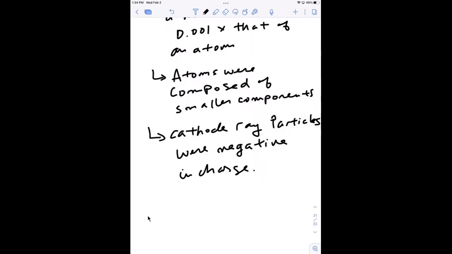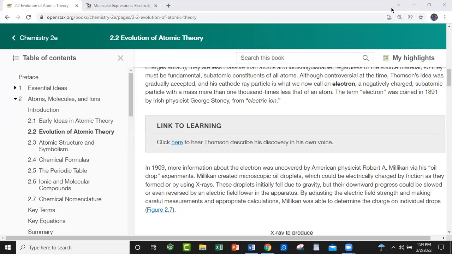So let me switch my screen right quick, and I want to show you his experimental setup.